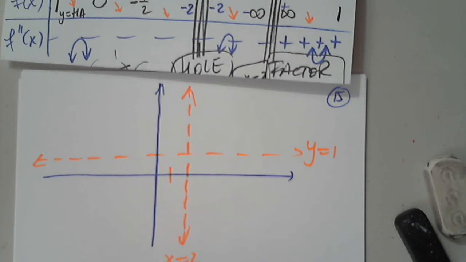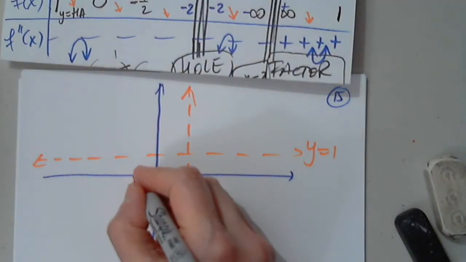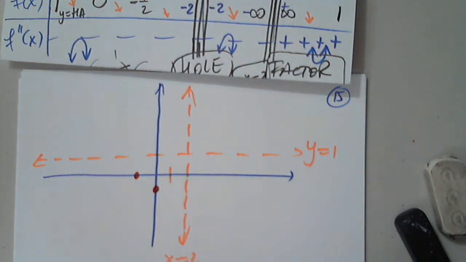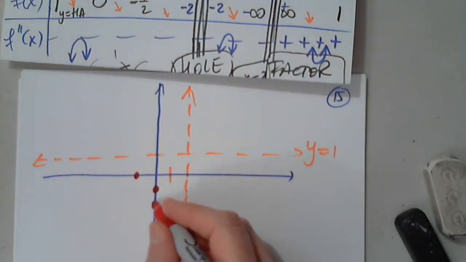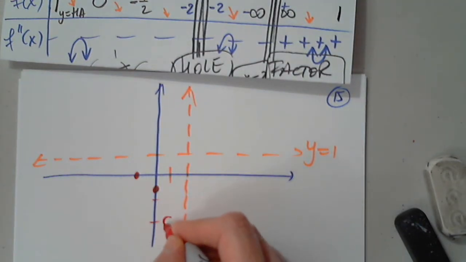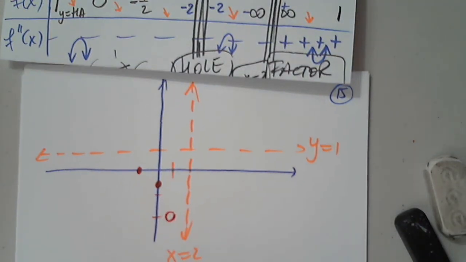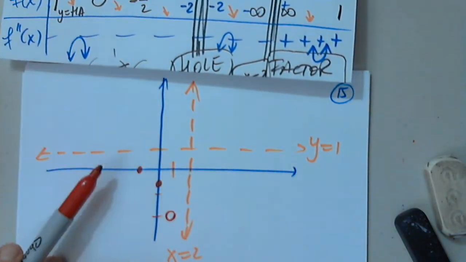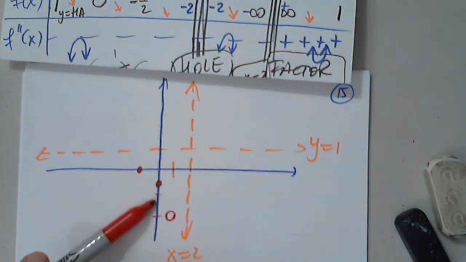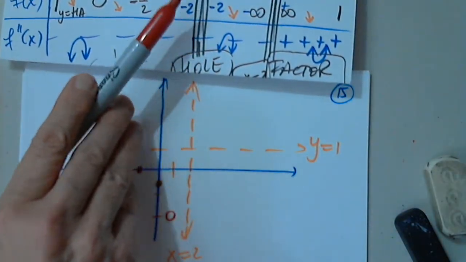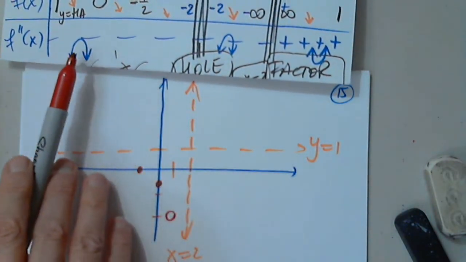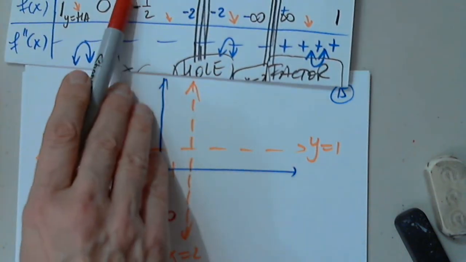And then I plot negative 1, 0, 0, negative 1 half, 1, negative 2, opening down, decreasing from 1, crossing the x-axis, crossing the y-axis, going through this hole, 1 comma negative 2, approaching negative infinity, always concave down, always decreasing.